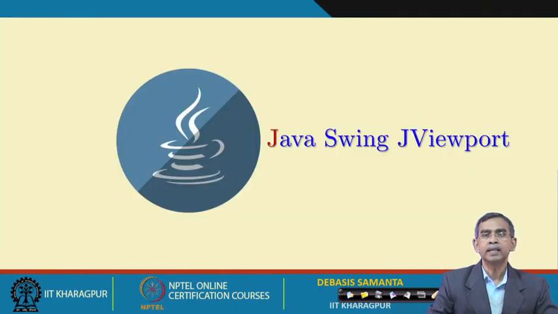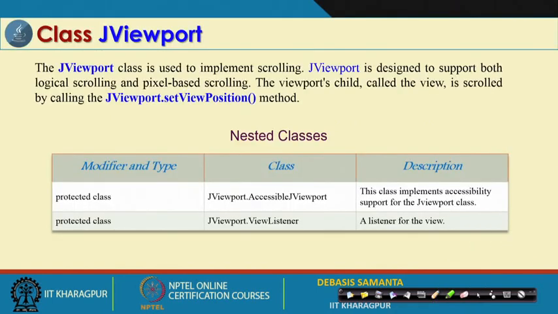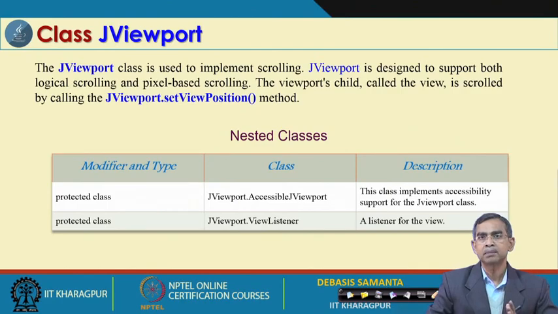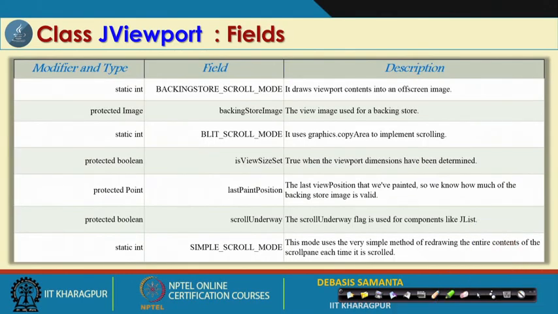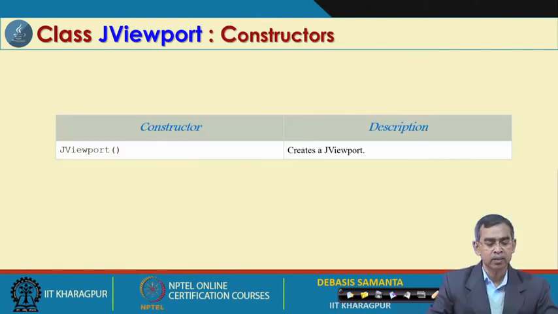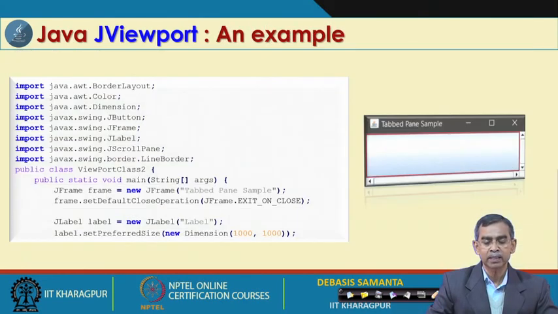And JViewport, it looks like a text area, but it is also very similar to the panel. A panel also has a special area that can be viewed in a separate way. It has 2 nested classes in it, 2 different values, and only one constructor, and there are many methods.